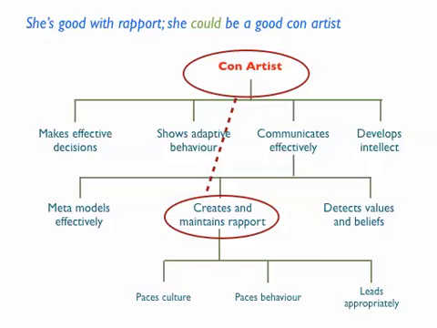Creating and maintaining rapport means the person could be a good con artist, but we need a lot of other evidence to decide that they really are. And under this scheme, creating and maintaining rapport is one aspect of communicating effectively, but if somebody's not showing adaptive behaviour, they'll make neither a good manager nor a good con artist.